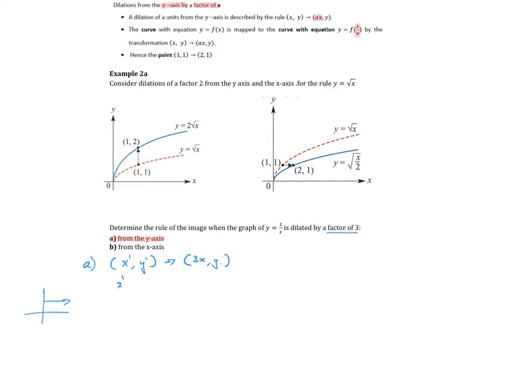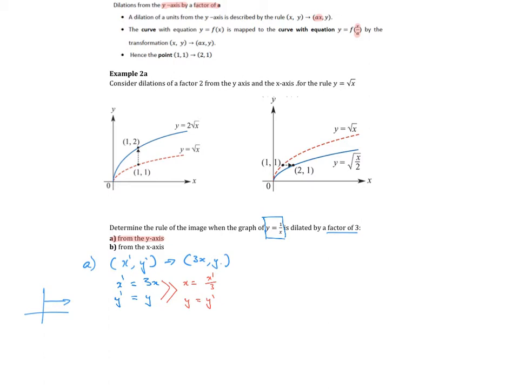So same process, x dashed is equal to 3x, y dashed is equal to y, but my equation is written as y equals 1 on x. So from there, I need to say that x is equal to x dashed on 3 and y is still equal to y dashed. And I can substitute those values into my equation.